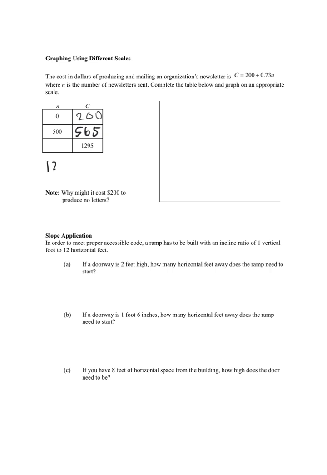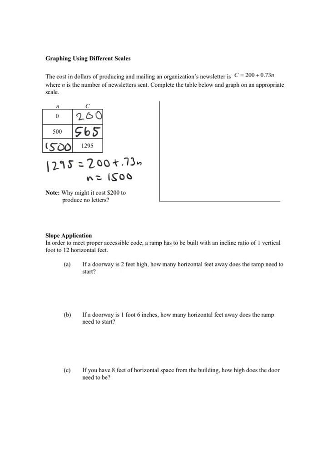So that one we would need to solve for the N. So $12.95 goes in for C equals 200 plus 0.73 N. And so if you solve that for N, you would take away $12.95 minus 200 and then divide by 0.73. You would get N equals 1,500.